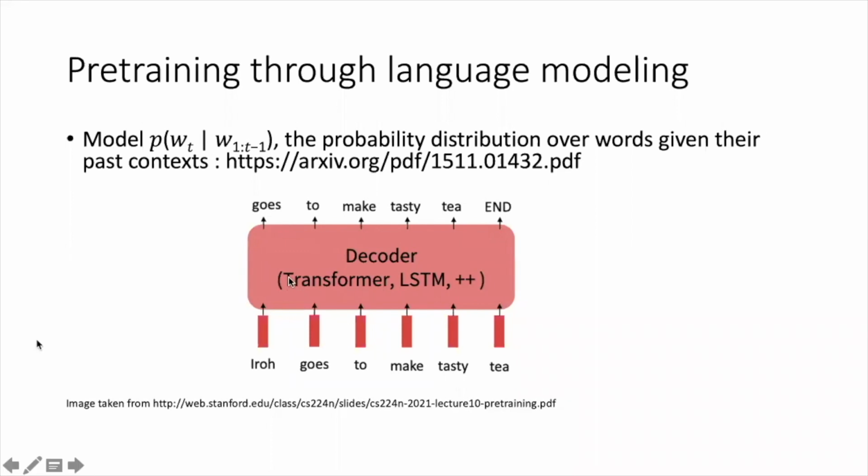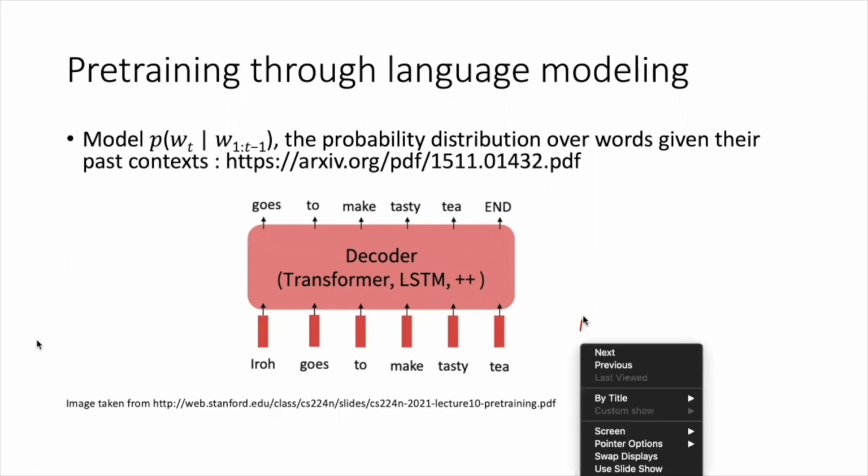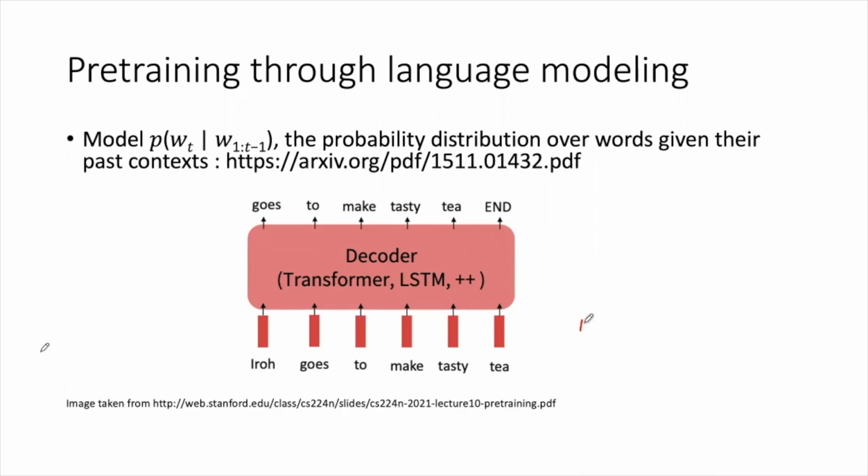Now let's move on to another concept. We try to understand how pre-training is conducted in various settings. Previously we have seen that the transformer model has an encoder and a decoder. The output of the encoder is given to the decoder and it generates an output.